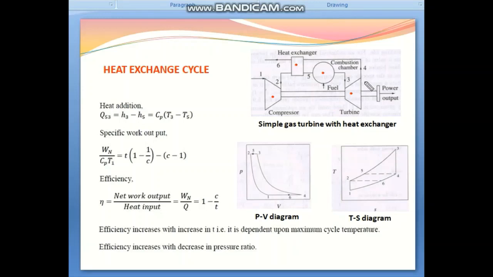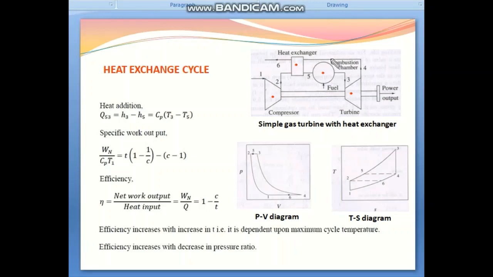Then after flowing through the turbine, the flue gas flows into the heat exchanger. Then it exchanges heat with the compressed air, as I have told you earlier. So the flue gas loses some heat, and the compressed air that comes from the compressor gains heat.